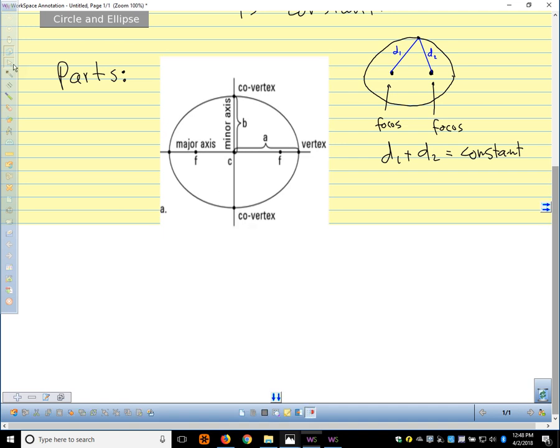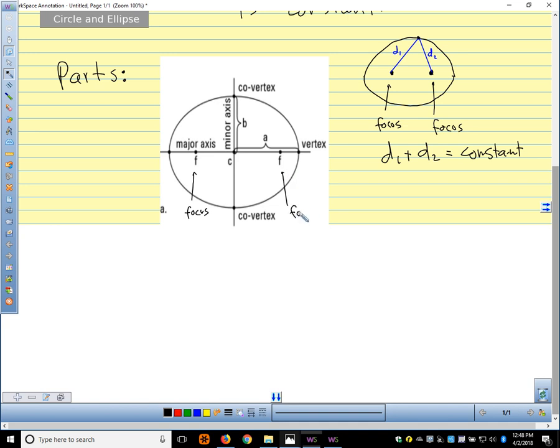All right, so there is a generic ellipse. This point is a focus. This point is a focus. This point is the center.